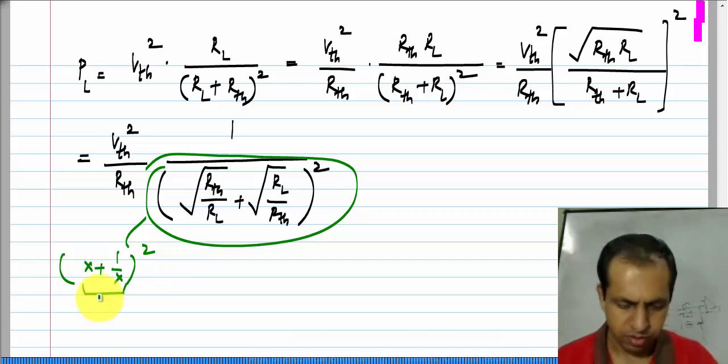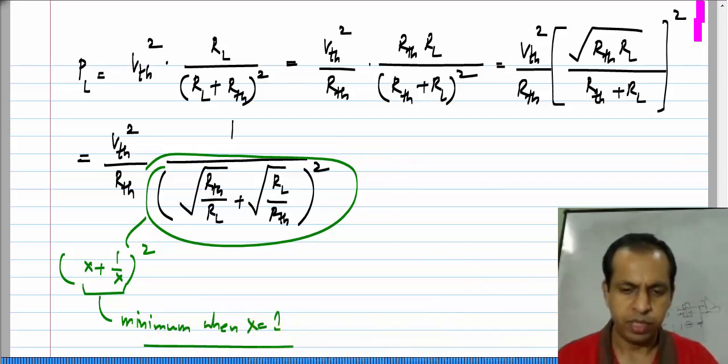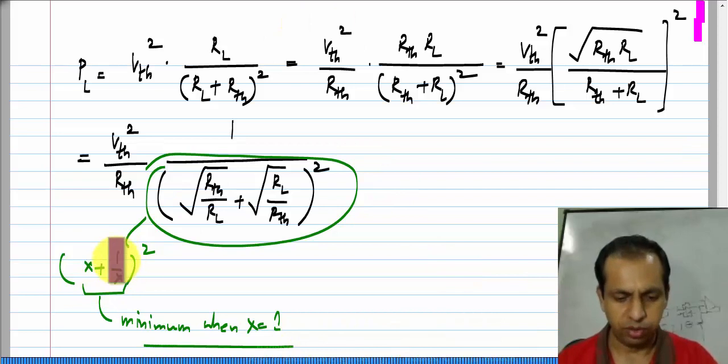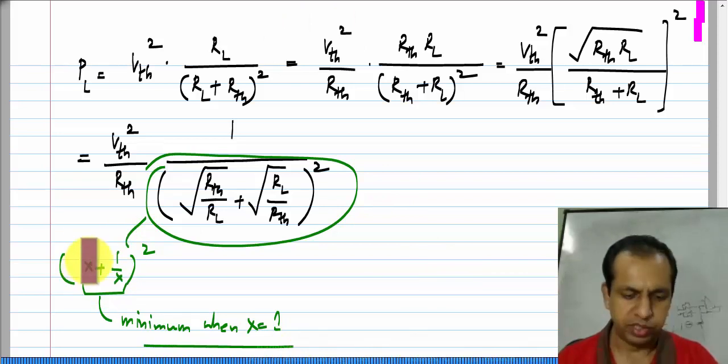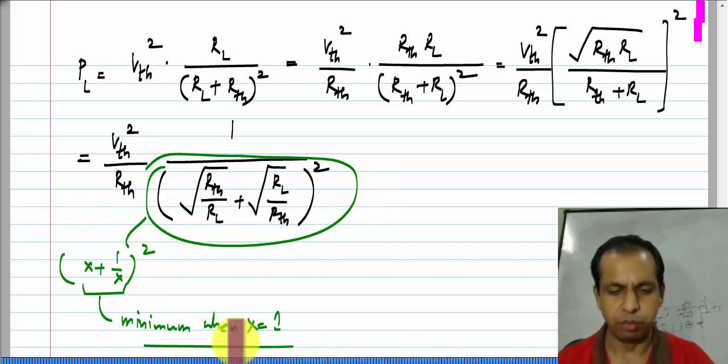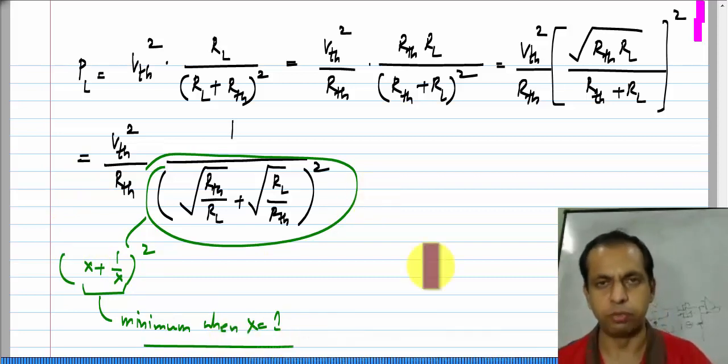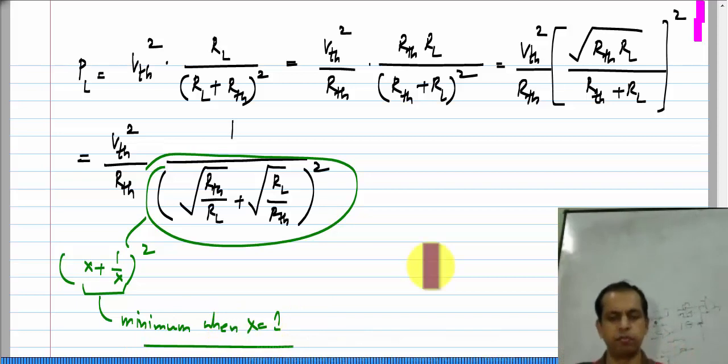So, this has a minimum when x equals 1. When x tends to 0, this one goes towards infinity. When x tends to infinity, this one goes towards infinity. In the middle somewhere it will reach a minimum, and it turns out that it will be when x equals 1. You can work this out for yourself.